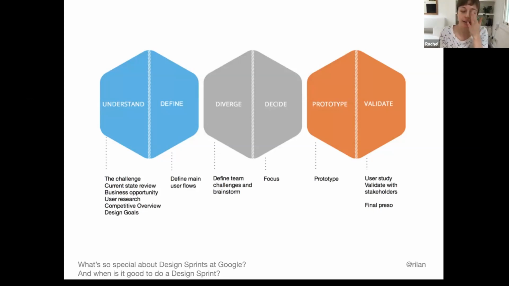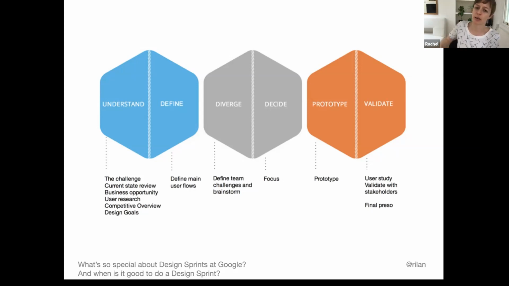I'll dig a little bit into how to approach this, but basically you want to understand the problem from all the different angles, not just from a design perspective, obviously, but from a business perspective, from any user research that you have conducted or need to conduct during the event, the market space, the technical opportunities and challenges. All of that you need to get into in that section of this sprint.